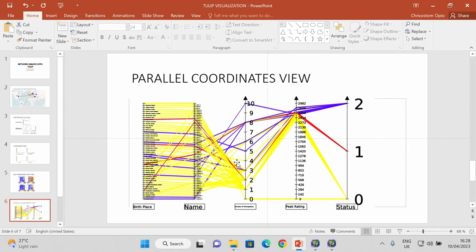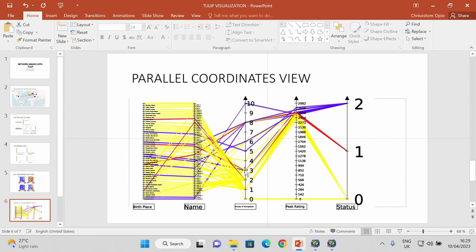But now, at a glance, because of the color coding that we are using, which is helping us to differentiate between the statuses, you'll find that those who are color coded blue, when you follow them clearly, you see that the least number of times they participated in a competition is 3.